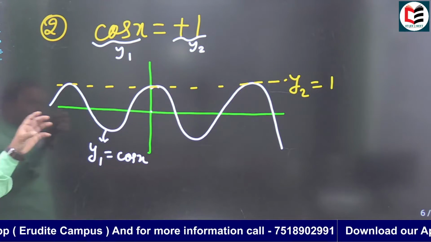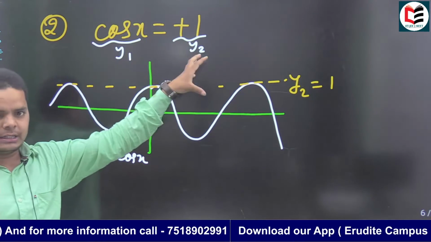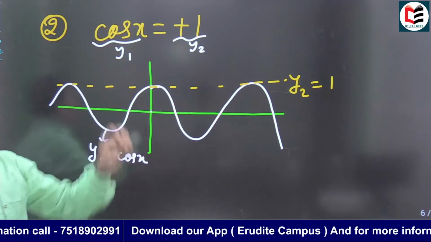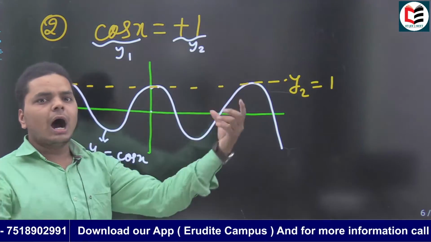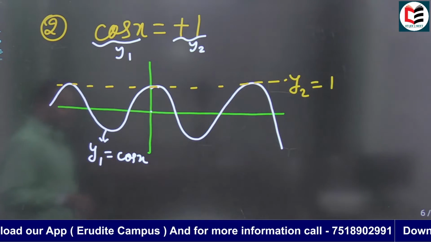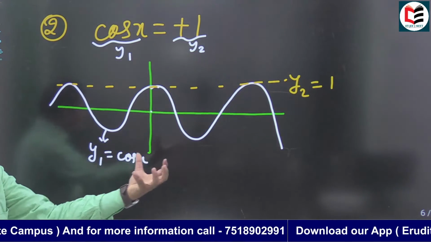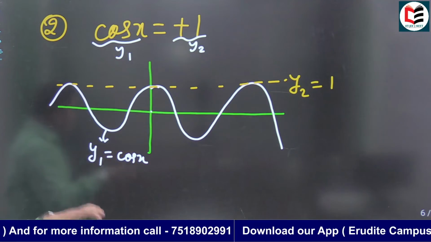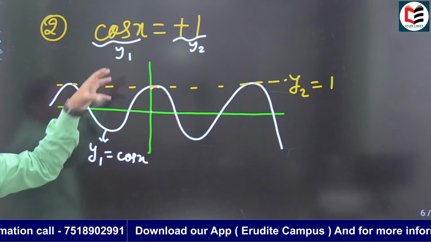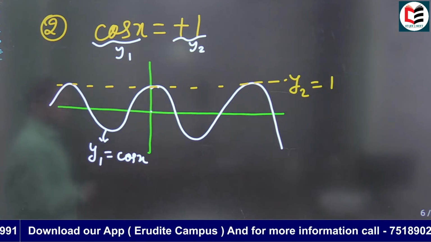As already told, if two functions are equated, it means the set of values of function 1 and function 2 are equal at some part of x. You have to find that part of x at which those function values are equal.